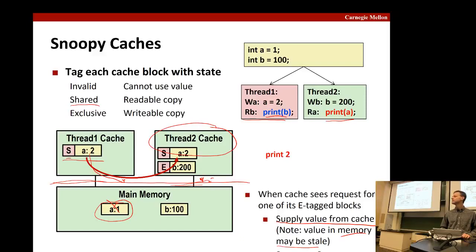In what kind of situation would the value of A come from main memory instead of thread 1? Could thread 1 have the value of A, but not supply it, so it doesn't have the tag or something?